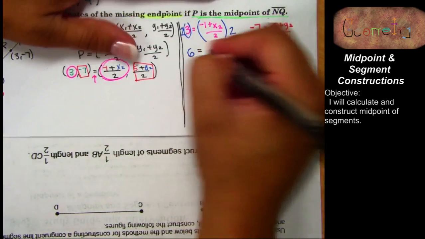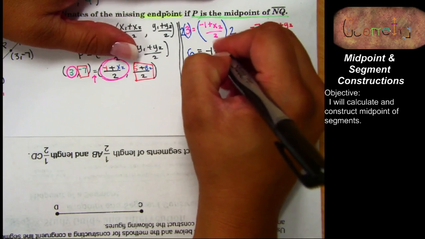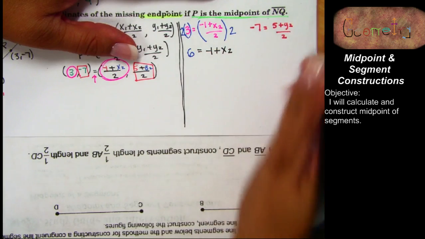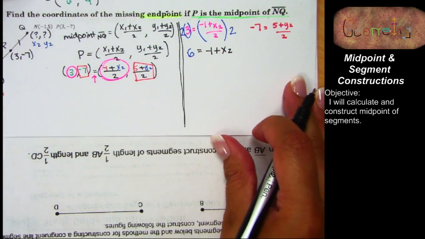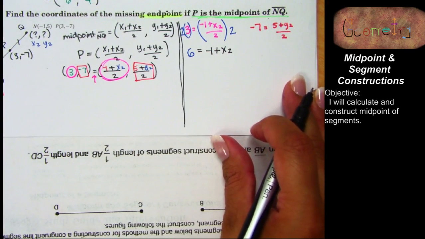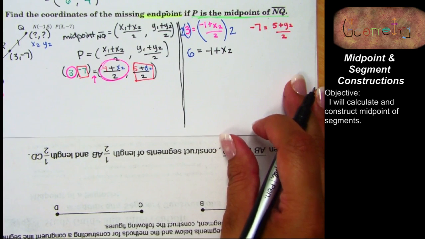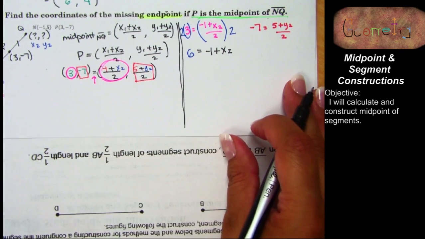And the right-hand side is going to be just the numerator of my fraction. It's not getting multiplied by 2 because the multiply by 2 is canceling and undoing the divide by 2. So it's going to feel like it's not doing anything, but it totally is. It's getting rid of the fraction for you.